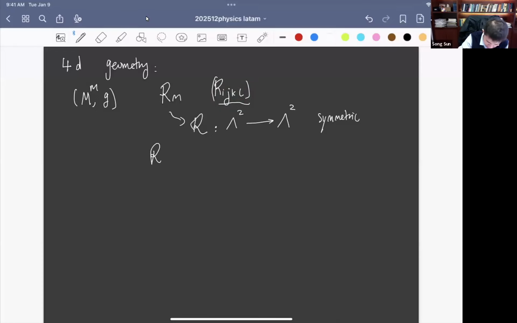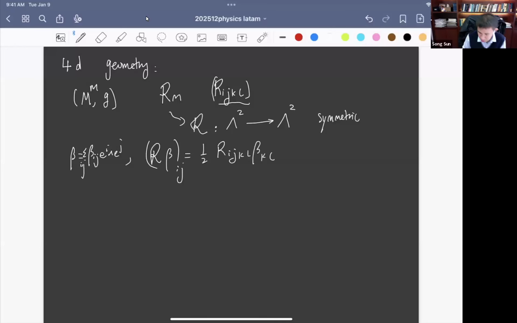If β = β_ij e_i ∧ e_j, then R acting on β is another two-form whose ij component is defined to be 1/2 R_ijkl β_kl.